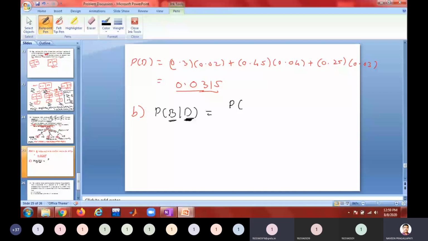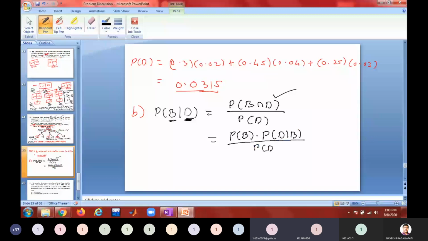Now what is P of B intersection D? This is nothing but the joint probability. What is the formula for the joint probability? P of B into P of D given B, divided by P of D. Is it okay? Now what is P of B? 0.45, into P of D given B, which is 0.04.